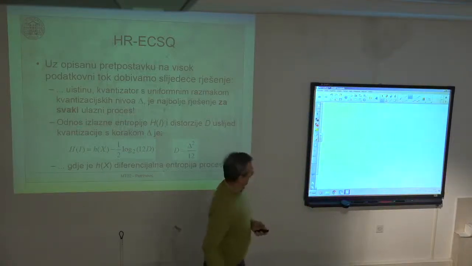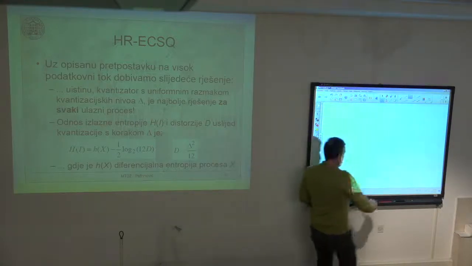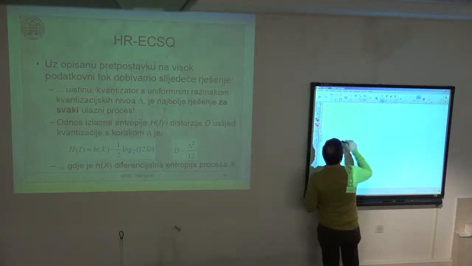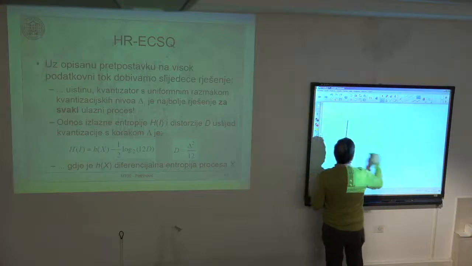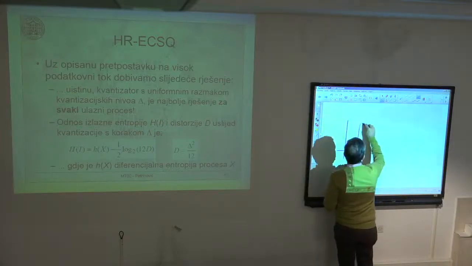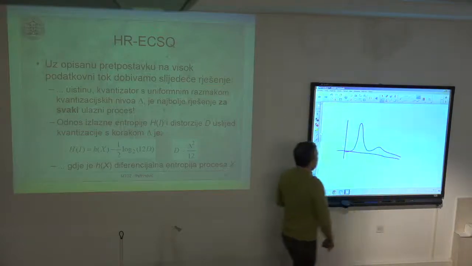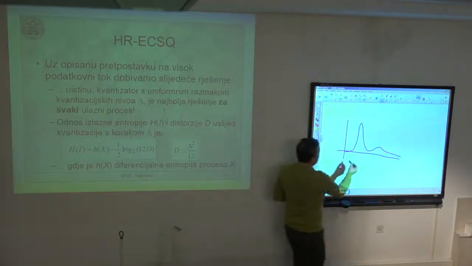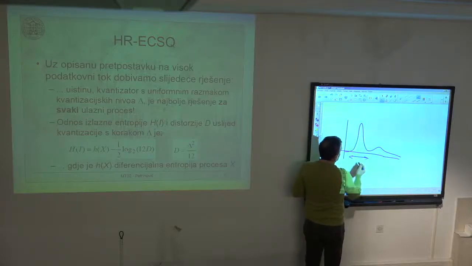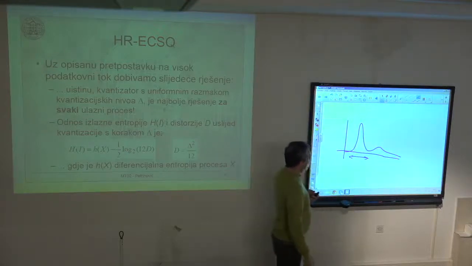Why? Because, for example, suppose that the PDF of a process is something like this. Obviously, this range of values is commonly observed in the signal.